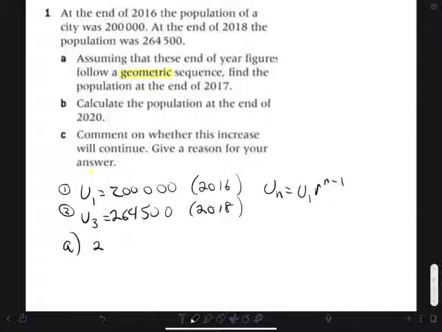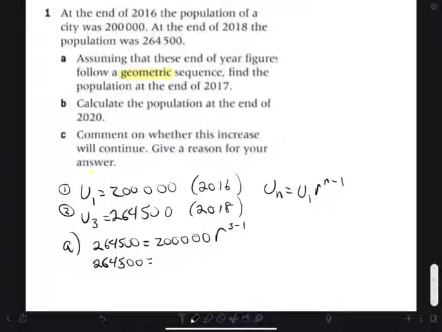So u3 is equal to 264,500. And that will be equal to u1, which is 200,000. Oh, I know that one, so it won't be 2 unknowns, at least. 200,000 r to the n minus 1, which will be 3 minus 1. So I can solve that. That one's actually not so bad.